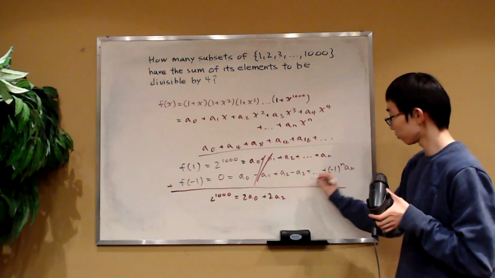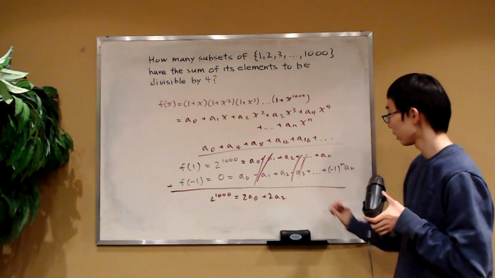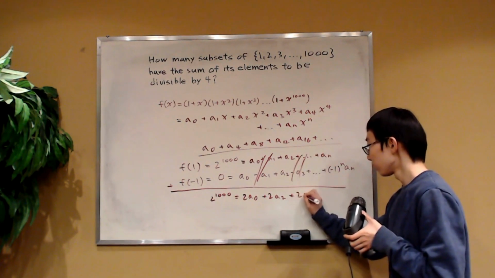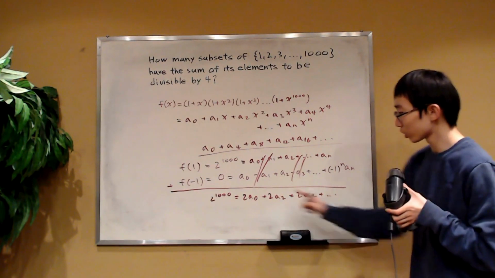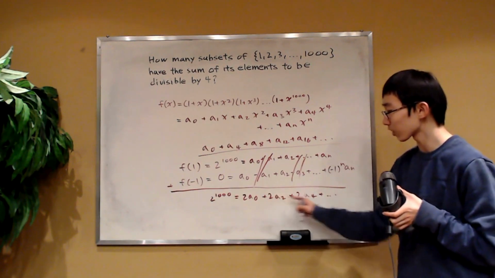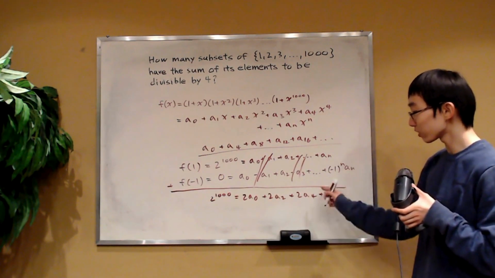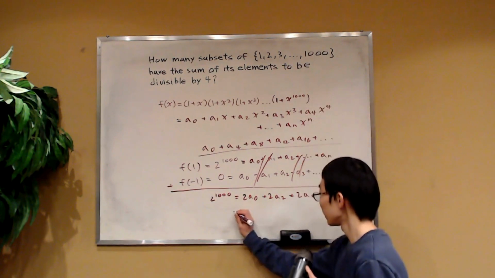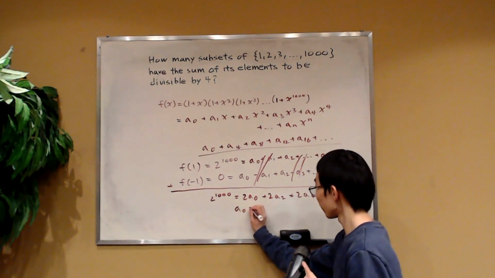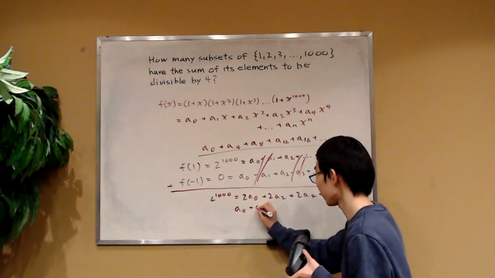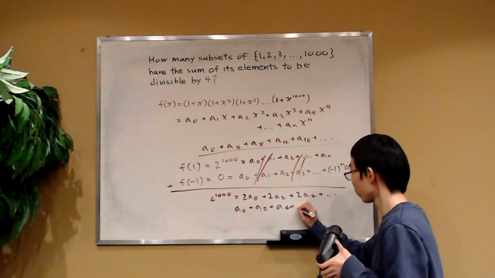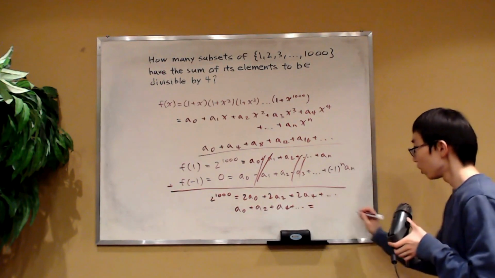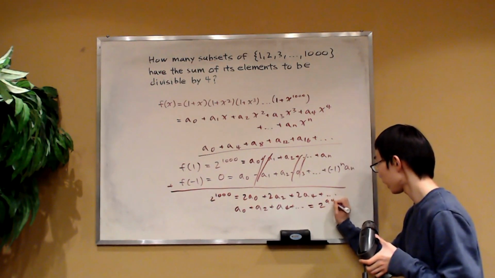And, well, you can imagine that the a3 will cancel out, right? So actually, notice if you were to add the equations, on this side, you just get 2 times the sum of the even coefficients. And if you were to divide both sides by 2, then you just get that a0, I'm running out of space, but it's a0 plus a2 plus a4 plus so on and so forth. The sum of the even coefficients will be 2 to the 999.